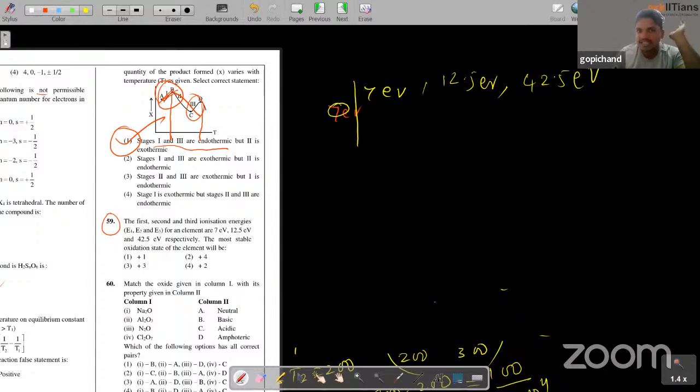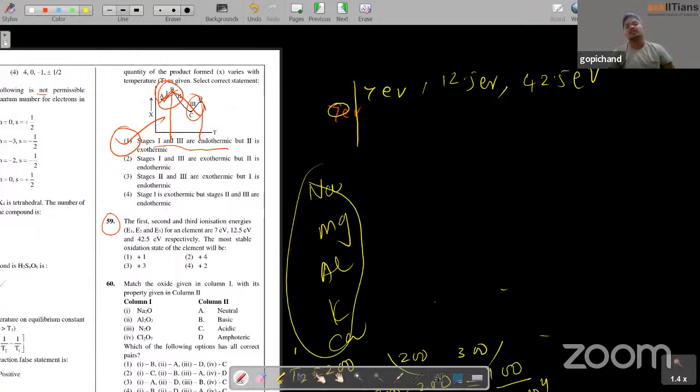Whenever these kinds of questions are asked, your options will be sodium, magnesium, and aluminum, sometimes potassium and calcium also. And they will talk about where removing an electron requires more energy.